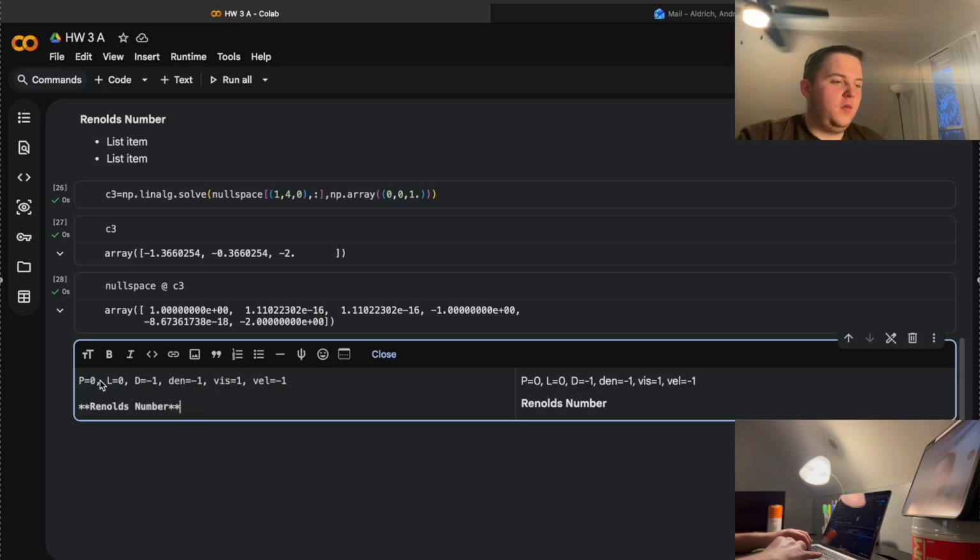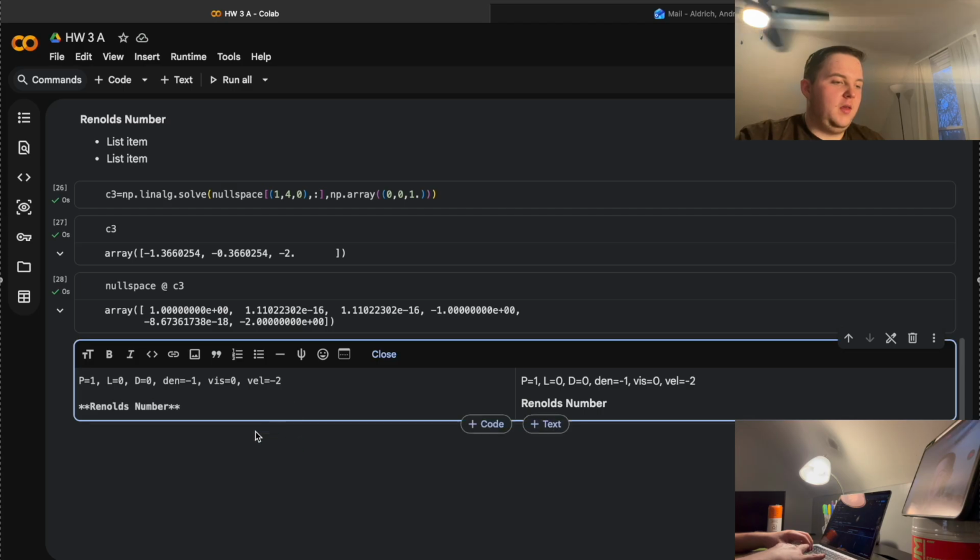So we have our pressure as a positive 1, we have our length as a 0, our diameter as a 0, our density as a -1, our viscosity as a 0, and our velocity as a -2.